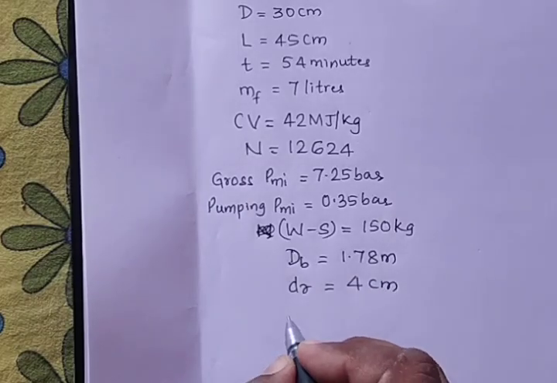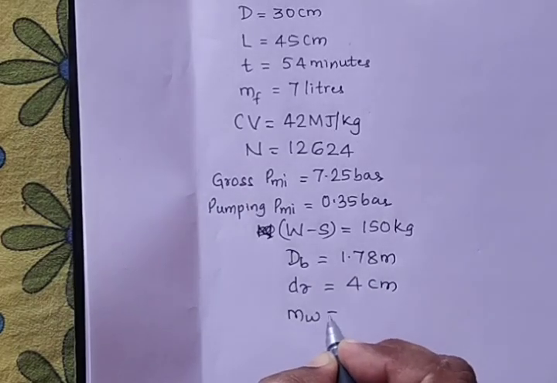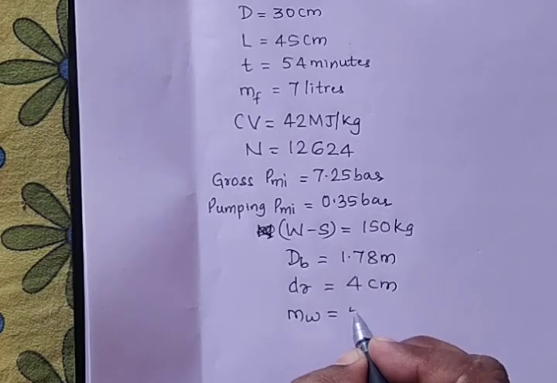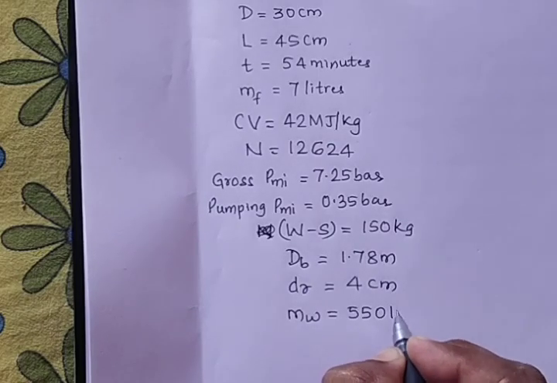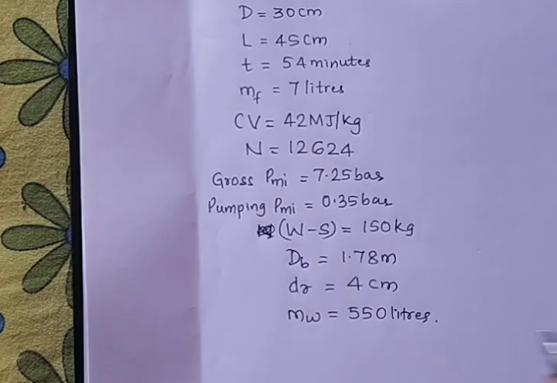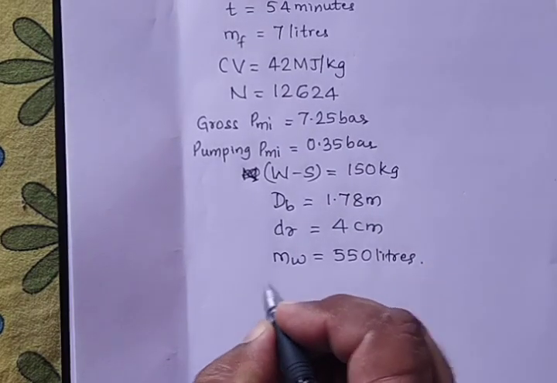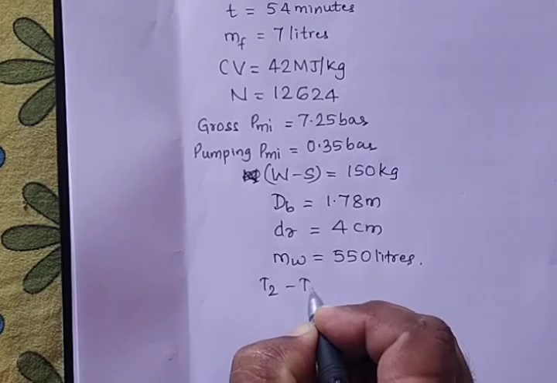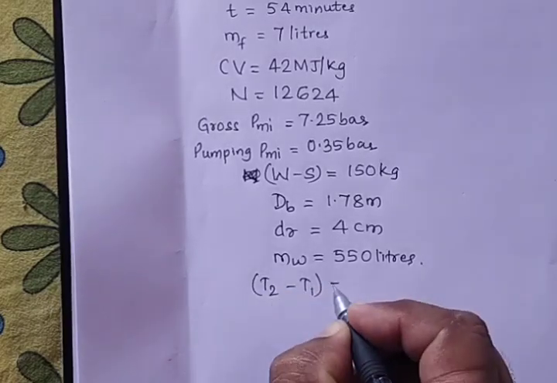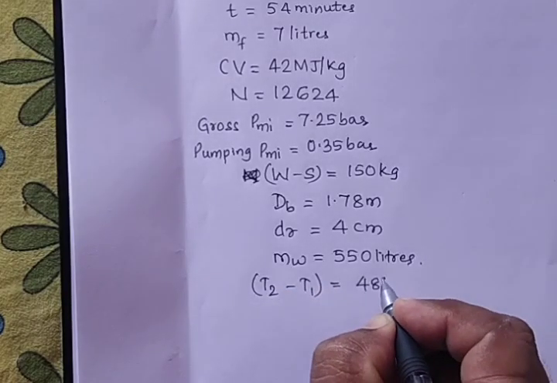Then cooling water circulated, it is 550 liters. Then cooling water rise temperature is given to us, that is T2 minus T1 is 48 degrees centigrade.